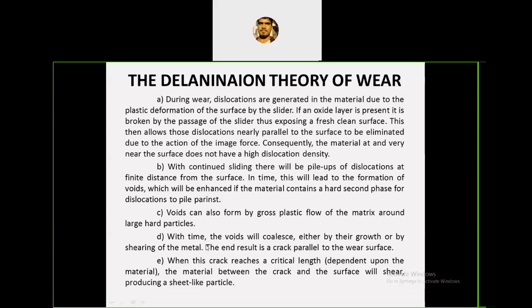Is it correct? It's a loss of material. This layer is a part of this specimen. Because of the crack and load, it will separate from this material, this specimen. So it is called wear. And it is step by step. First, if there is plastic deformation, we can observe it on the surface.